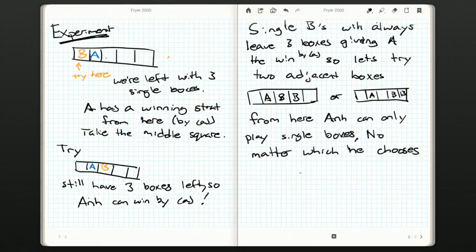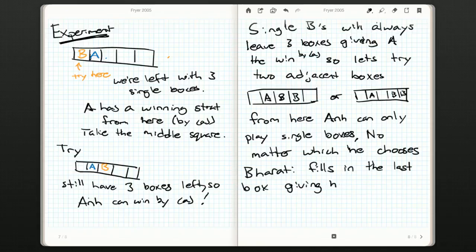No matter which he chooses, Barati has a winning strategy. Giving her the win. So we experimented a little bit.